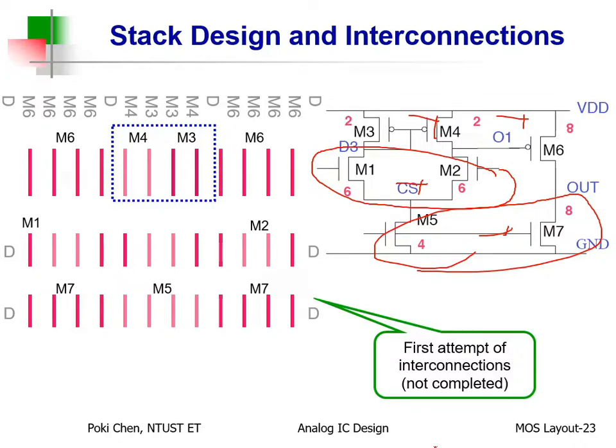So 6 plus 6. How to make the common centroid layout for them? I told you already. Divide by 2. If only for first order common centroid layout, we can get 3 plus 3 for the first half. Then do reverse layout pattern for the second half. That's it.